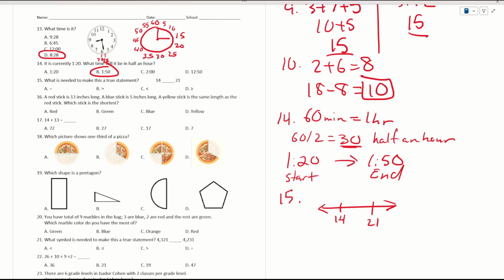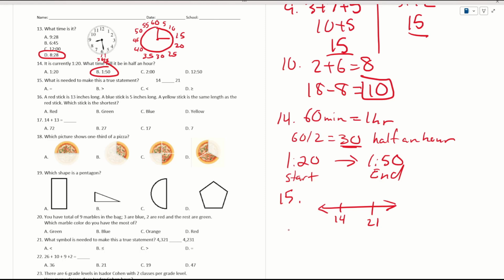So one thing you could be thinking is, is 14 smaller than 21? Greater than 21? Well, which number has the bigger value? It has to be 21, because 21 is further from 14. And 14 is less than 21. They're not going to be equal to each other because they're not the same, right?